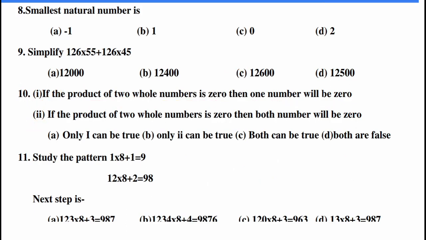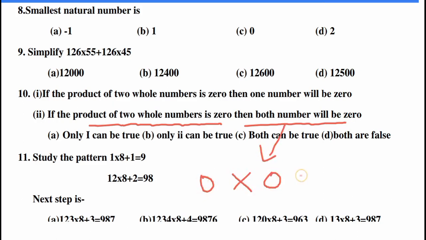If the product of two whole numbers is 0, again the multiplication of two whole numbers is 0, then both numbers will be 0. So we will take both numbers as 0 and check whether the product is 0 or not. So 0 multiplied by 0 is equal to 0, right? So this second condition is also true. Now we check the options.